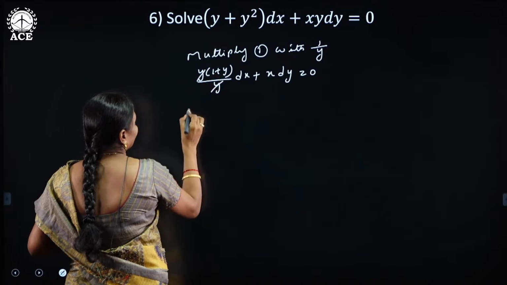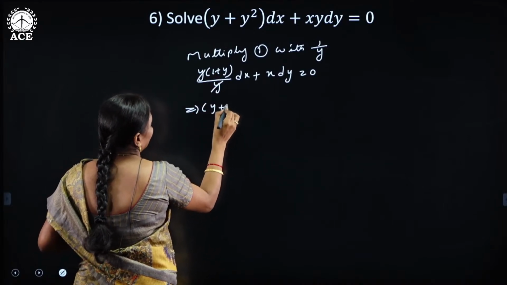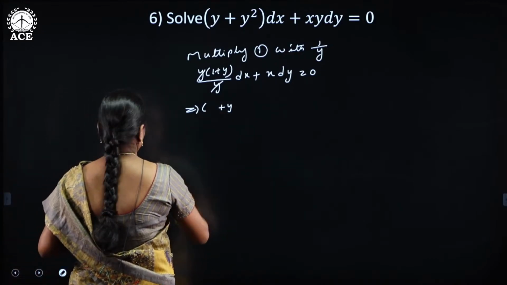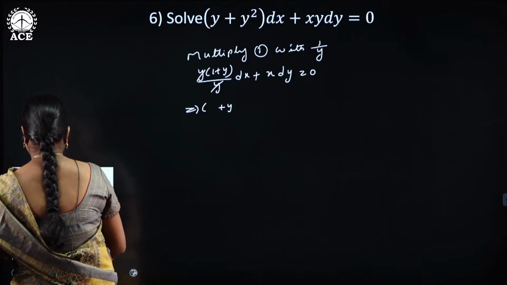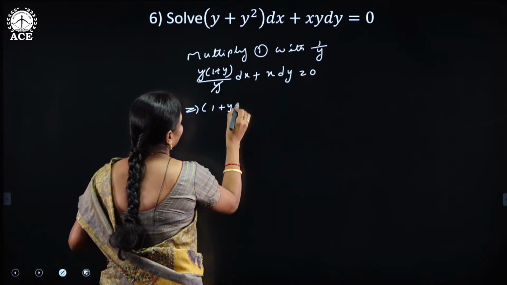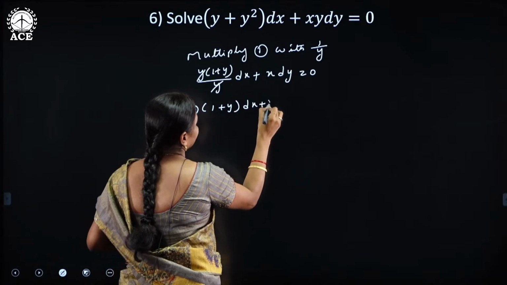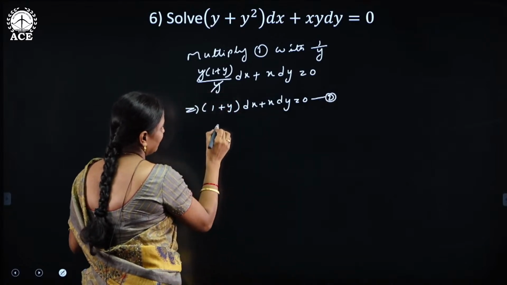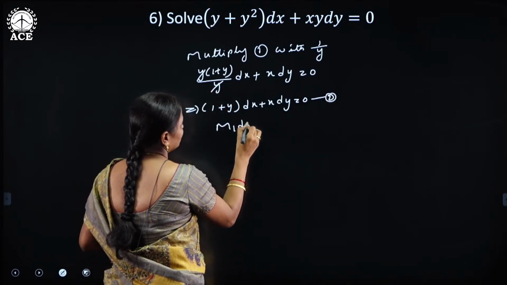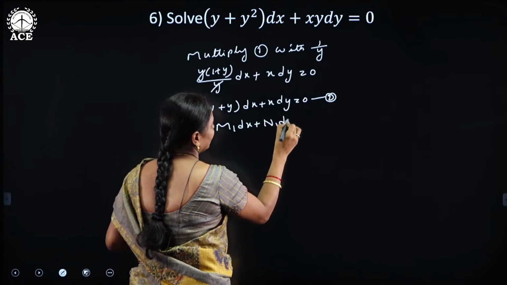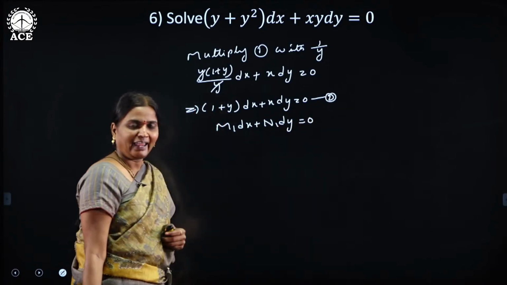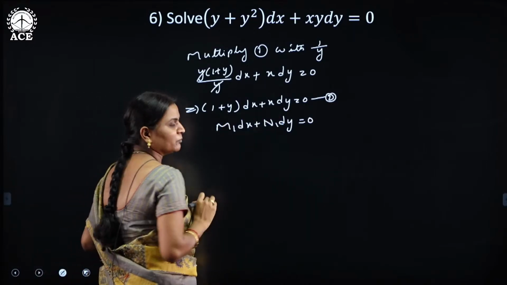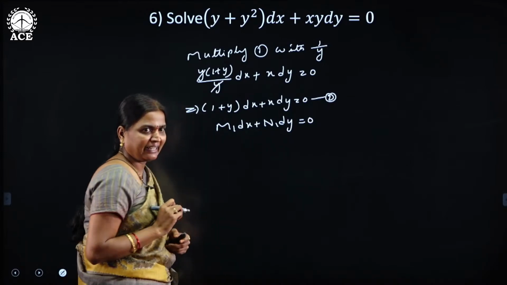Now here these get cancelled, so we write (1 plus y) dx plus x dy is equal to 0, which is a new differential equation of the form M1 dx plus N1 dy equal to 0, which is an exact differential equation. See here, ∂M1/∂y is 1 and ∂N1/∂x is also 1. Therefore, it is exact.